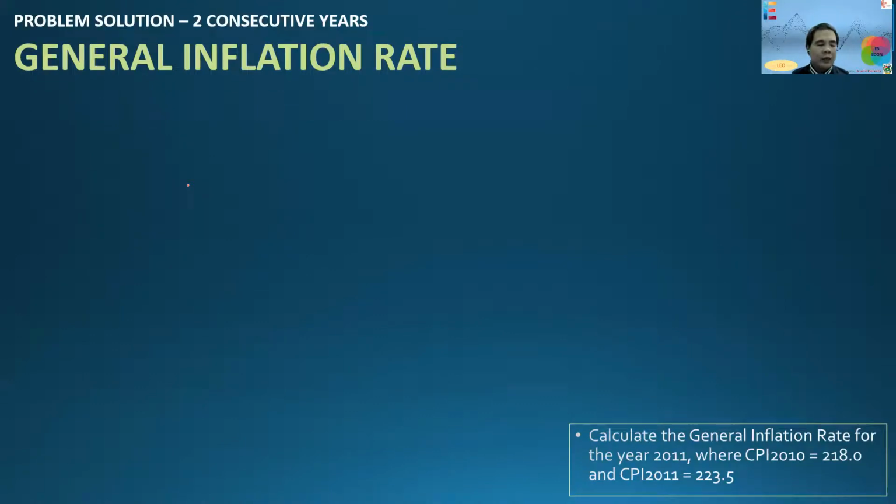By formula, f of n is equal to CPI n minus CPI n minus 1 divided by CPI of n minus 1.